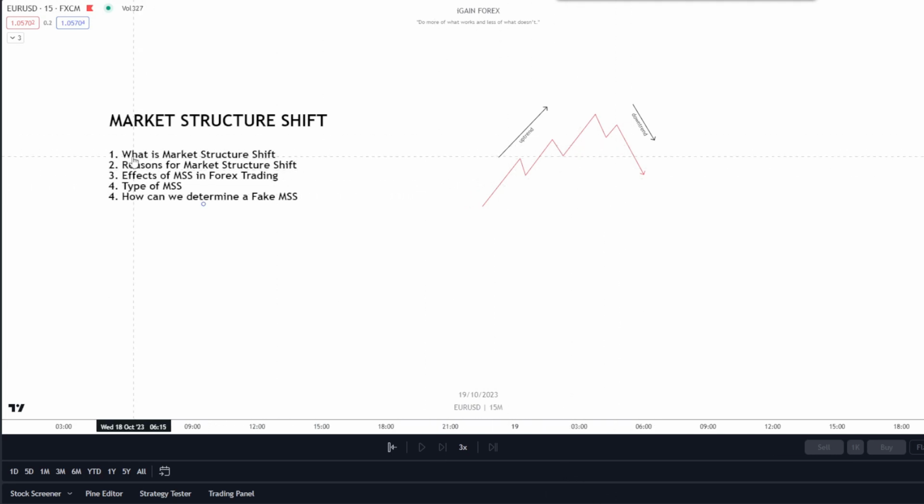Okay, so number two here. What are the reasons for market structure shifts? Actually, there are some reasons. The first one is technological advancements, that includes algorithmic and high frequency trading.